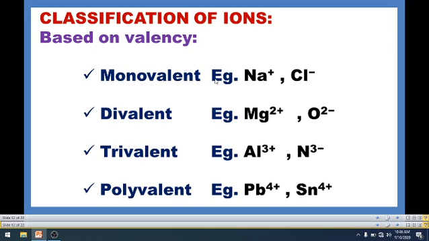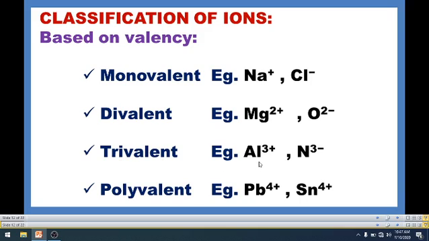Monovalent means valency is 1. So Na+, Cl-, that means 1 electron is lost or gained. Na+ and Cl- ions are examples. Divalent ions means valency 2, 2 electrons lost or gained: Mg2+, O2-. Trivalent ion means valency 3.